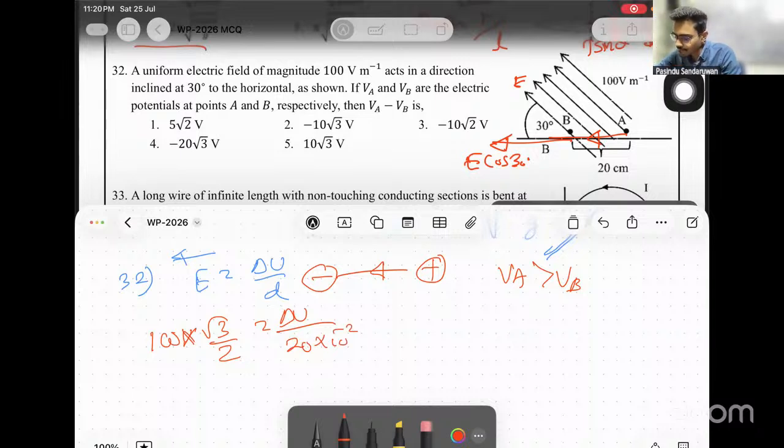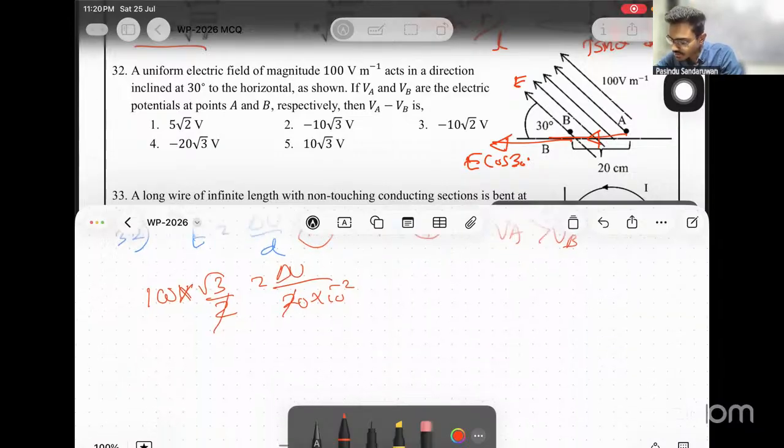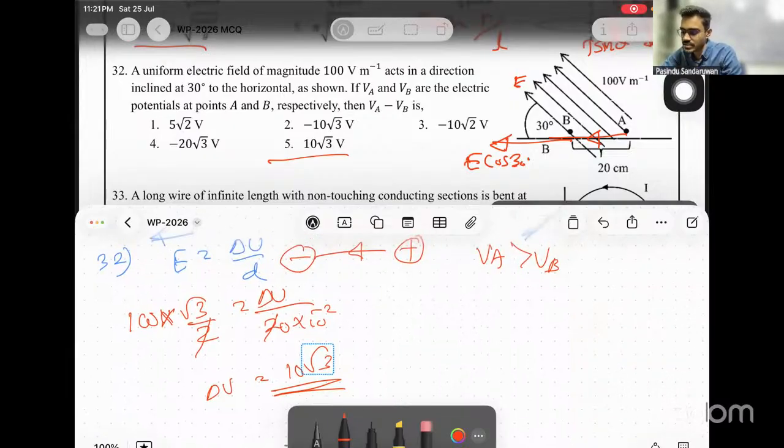Then this 2 cancels, 10 to the minus 1, then 10 remains, so 10 root 3. Now I found before that it is a positive value, so that is positive 10 root 3, because we knew that VA is greater than VB.